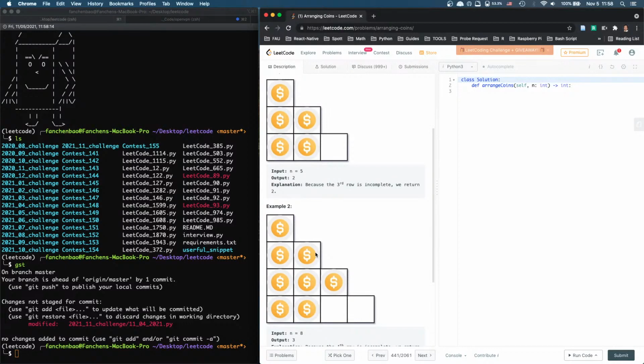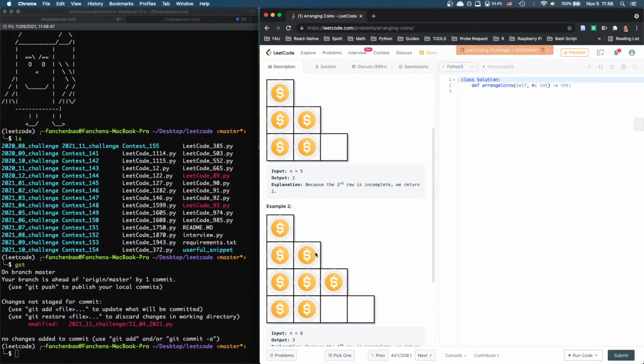So 1 plus this, and then plus the remaining, right? We have a total of n. So n minus this shall be smaller or equal to x plus 1. Right, so we just solve this.